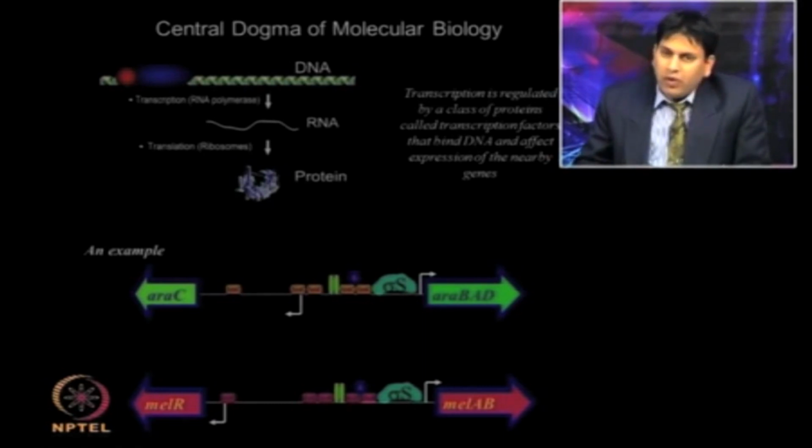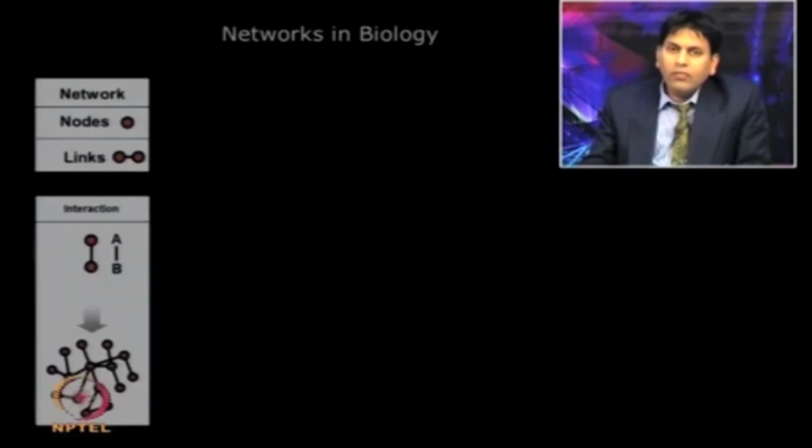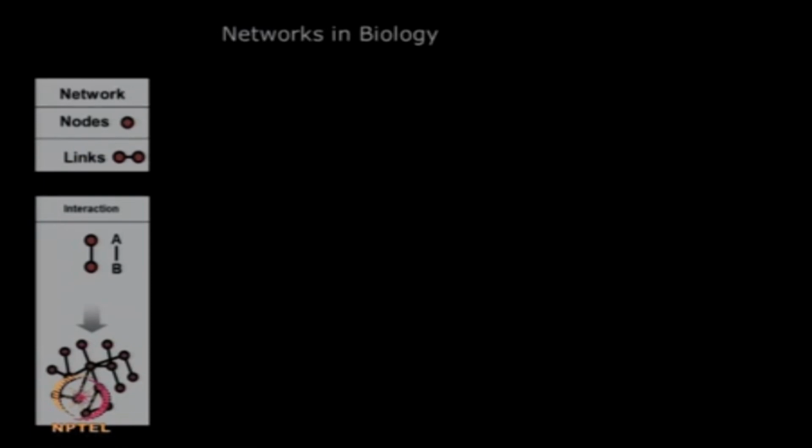Now, in addition to this binding of transcription factors, as I mentioned earlier, RNA polymerase also binds, shown with the green oval box out there, so that they can control the expression. There are other examples also shown in this figure, with the MelR regulator also doing something similar. Now, what we just discussed is an idea of how regulation happens from a biological viewpoint.